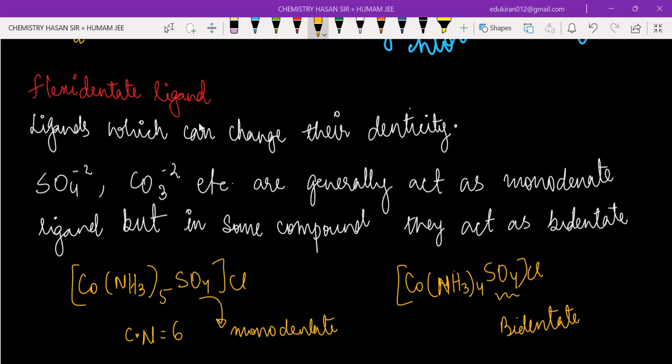Werner theory we did. EN we also did, right?